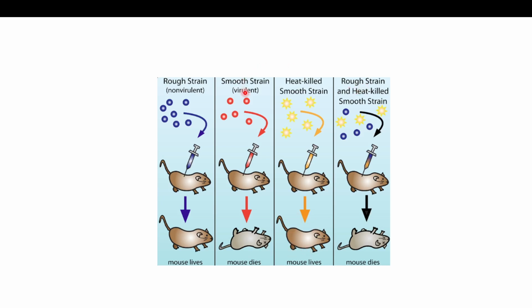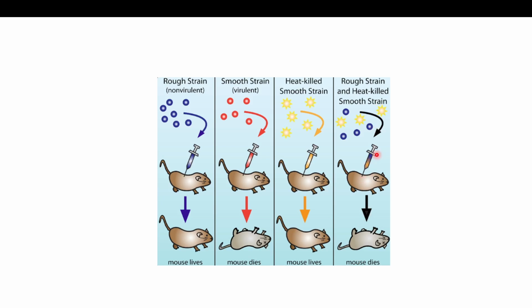But when they mixed the non-virulent rough strain with the heat-killed smooth strain: the rough strain alone didn't affect the mouse, and the heat-killed smooth strain also didn't affect the mouse. However, when the non-virulent rough strain and the heat-killed smooth strain were mixed together and injected inside the mouse, the mouse died.